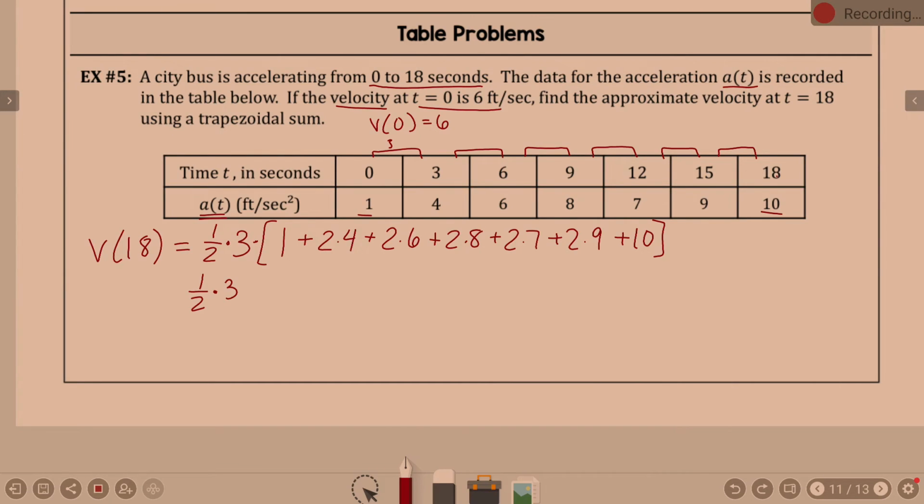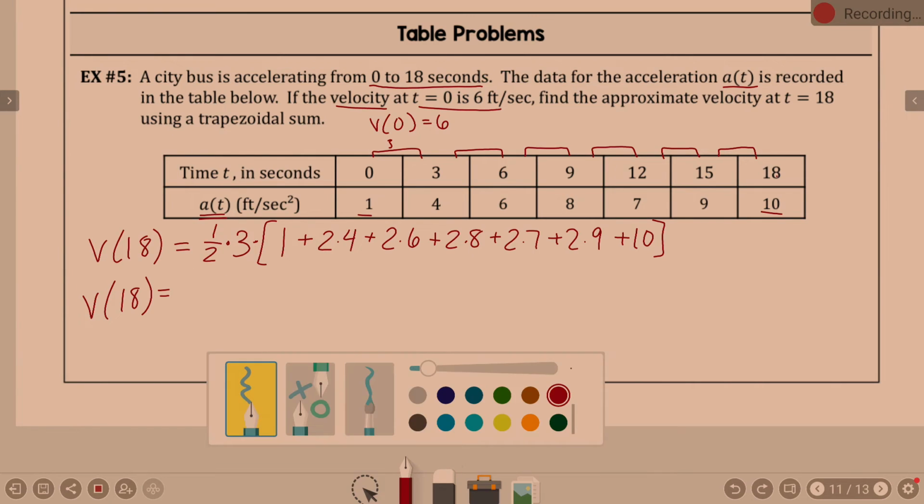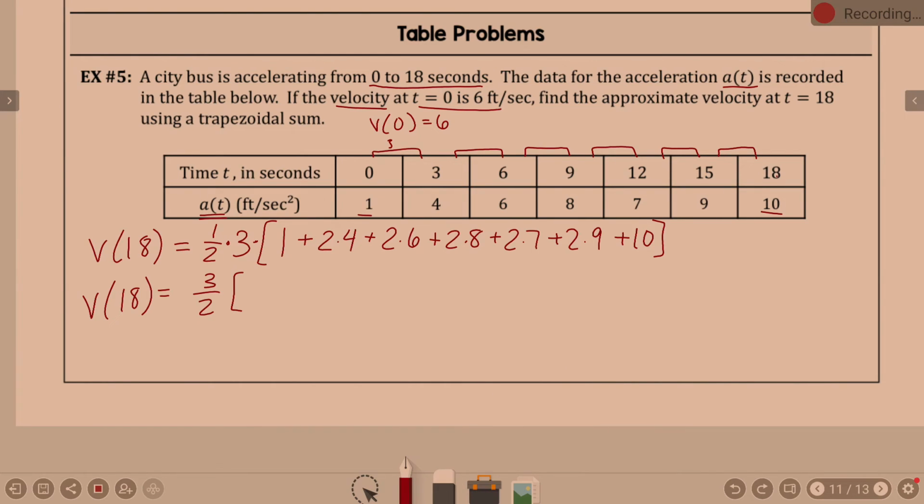I know 1/2 times 3 is going to be 3 halves. I got that in my brain. Whatever 1 plus 8 plus 12 plus 16 plus 14 plus 18 plus 10 is. All these numbers add up to be 79.